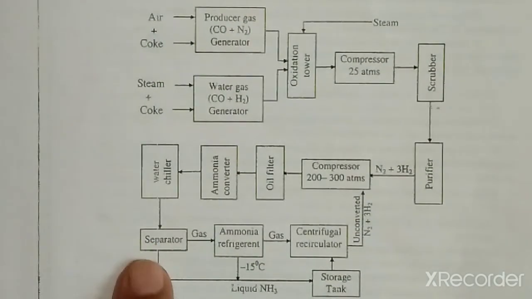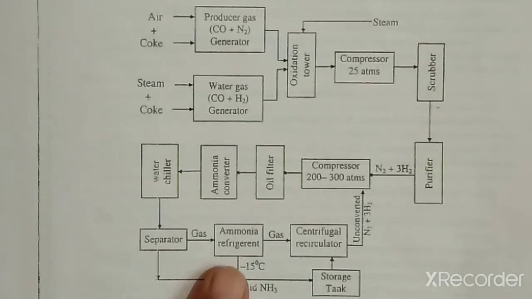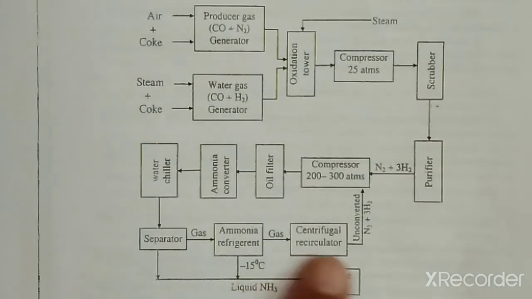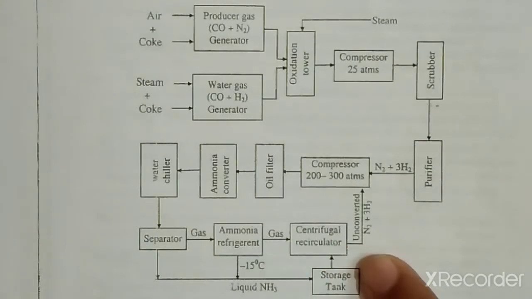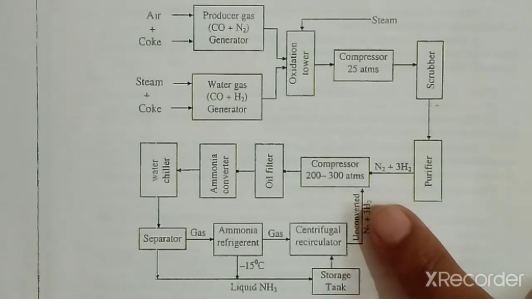After the water chiller, there is a need for a separator. The gas is then passed through the ammonia refrigerant and through a centrifugal recirculator, which handles the unconverted nitrogen and hydrogen, so they can be converted again into usable nitrogen and H2.